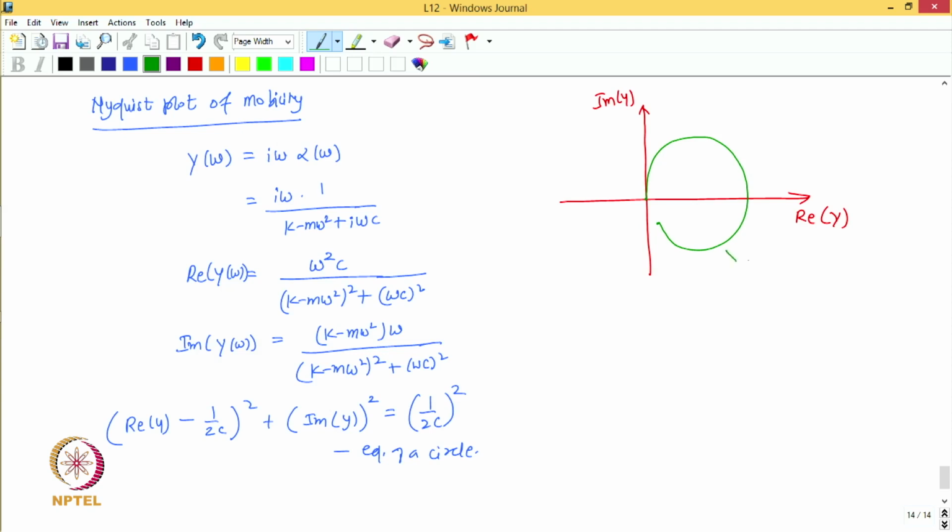This is nothing but a circular trajectory, and the center of this circular trajectory, as we can see from the equation, is 1 upon 2c comma 0, that is, 1 upon 2c is the x coordinate and 0 is the y coordinate, and the radius of this circular trajectory is 1 upon 2c.